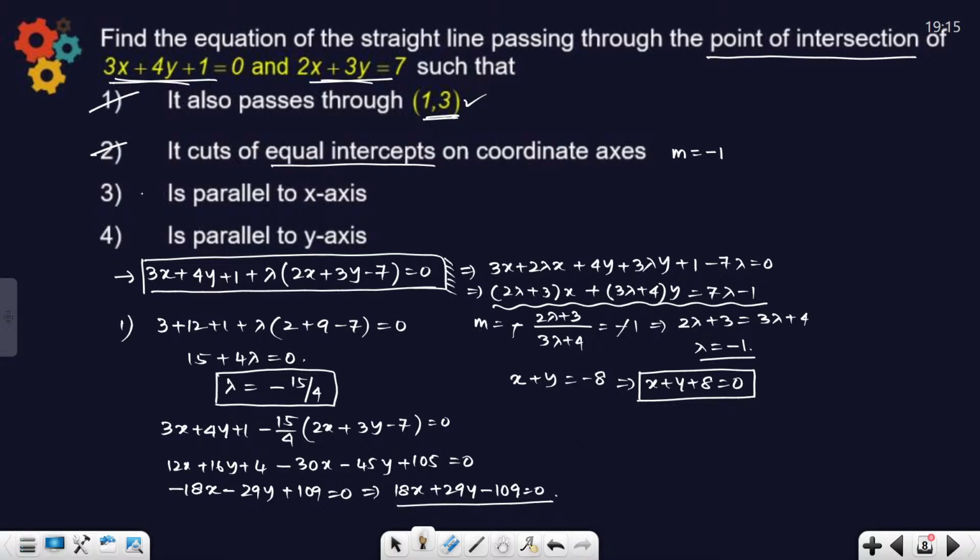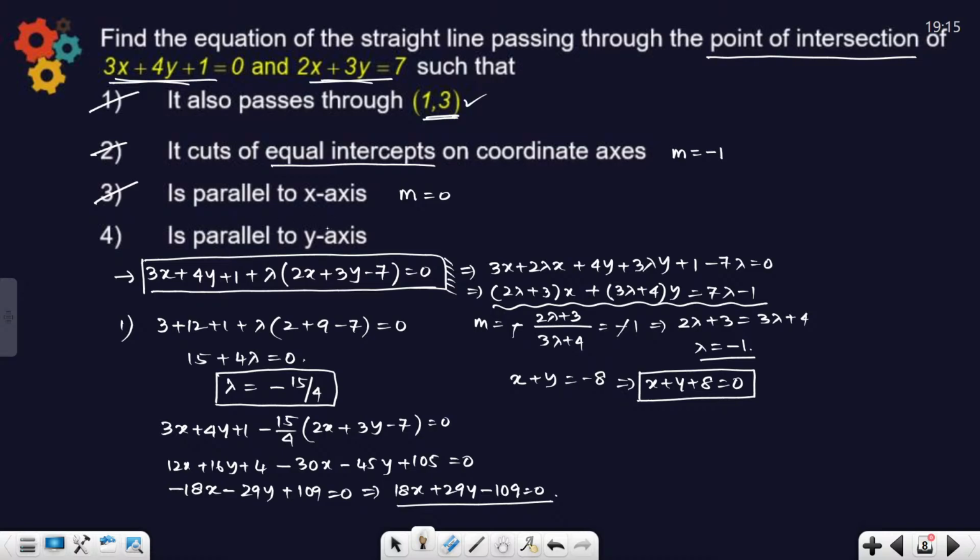Okay. Now see the third condition. It is parallel to the x-axis. If it is parallel to the x-axis, then what is its slope? Its slope is 0. If it is parallel to the x-axis, its slope is 0.